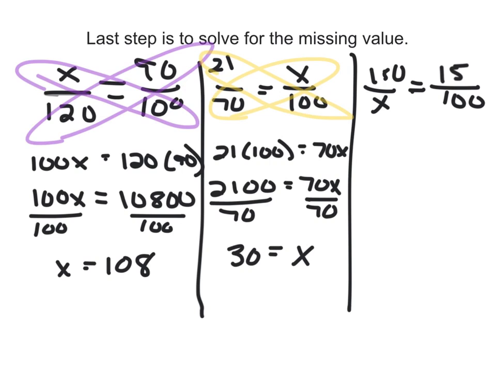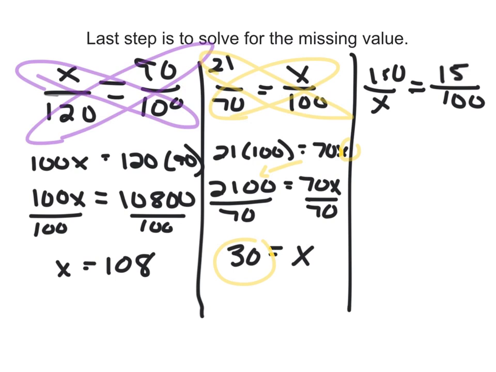You can always go back and check these. If I set this up and I took my 30 and I substituted it in for x, would I get the same thing? Is 70 times 30 equal to the 2,100? And yes, it is, so I know that I have the right answer.